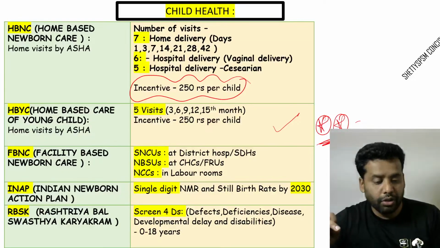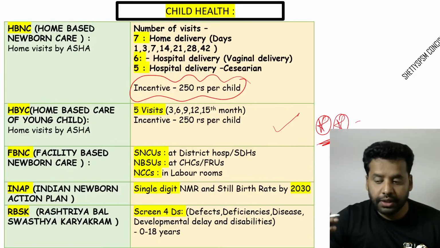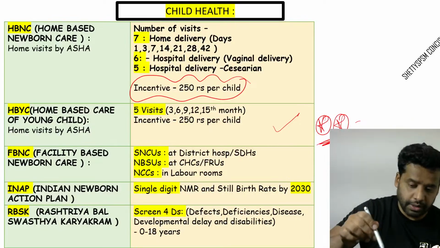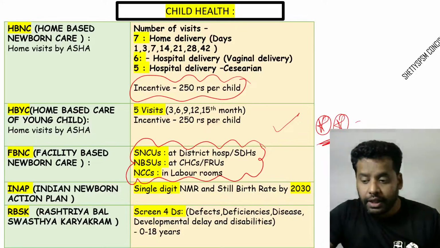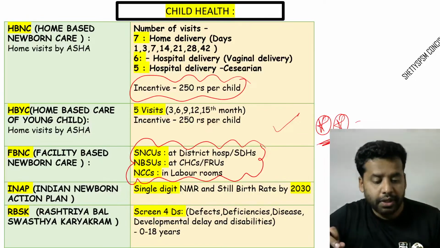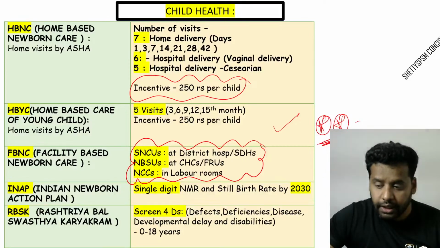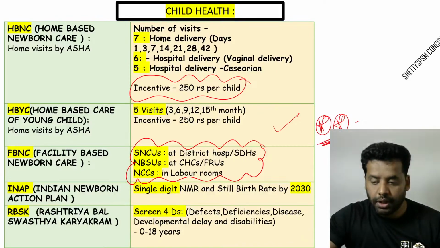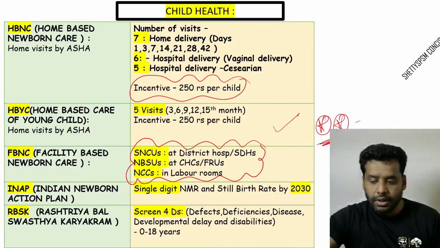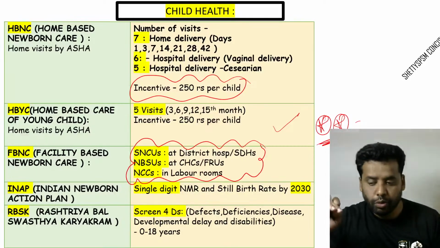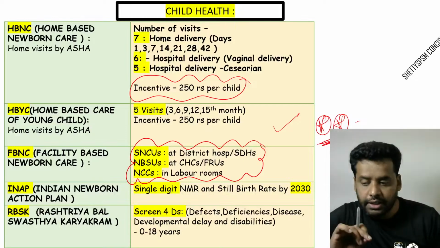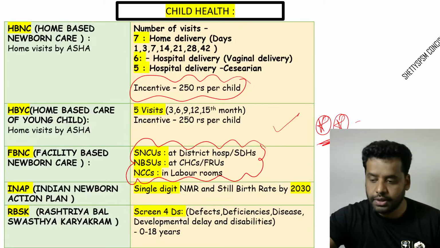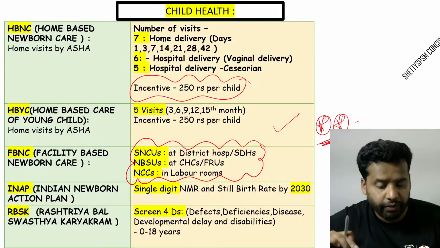Now come to facility based newborn care. FBNC, facility based newborn care, is the set of services we are supposed to give in the hospitals. SNCU, special newborn care units, are at district hospitals. Newborn stabilization units are at CHC level, community health centers or first referral units.